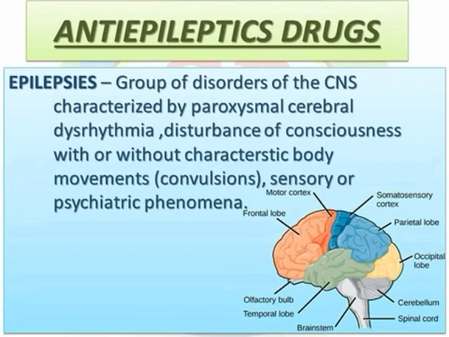The first one is simple partial seizure, and the feature of this is that consciousness is not lost. Jerking of one hand or twitching of one half of the face is also a feature of simple partial seizure, along with a spike pattern in the EEG.